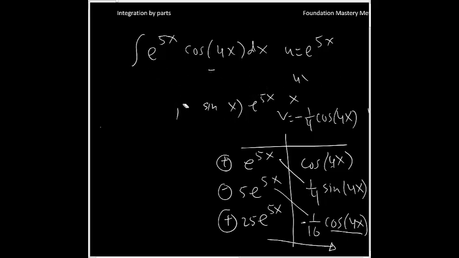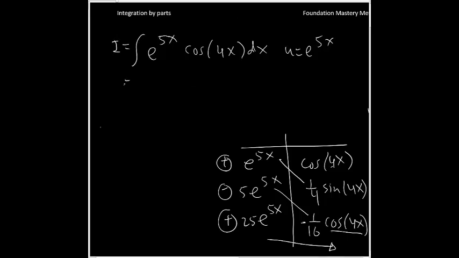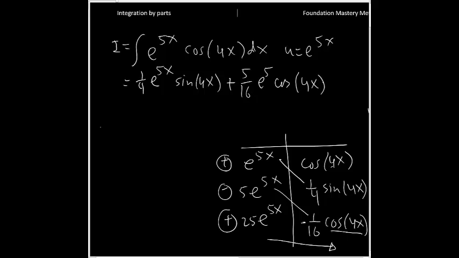Now the whole result will come out like, let me call this my integral I. So I end up with 1/4, that you have seen already, e to the 5x sine 4x, and then minus will be plus 5/16, and then come out as cosine 4x e to the 5x cosine 4x, and then goes straight.